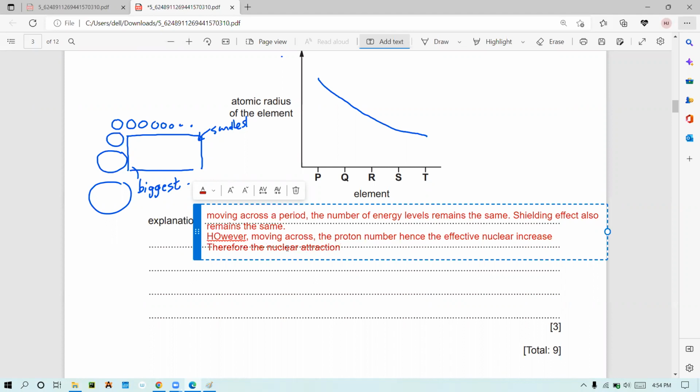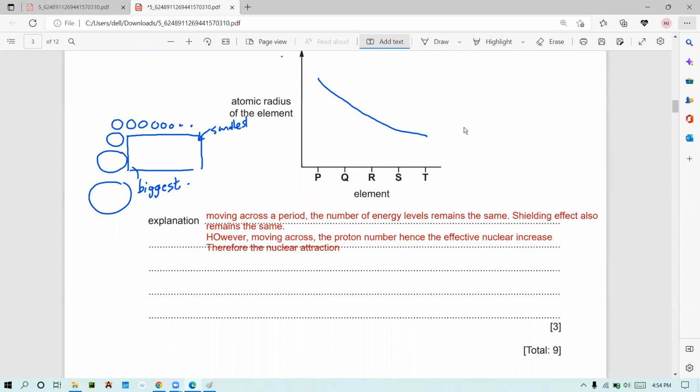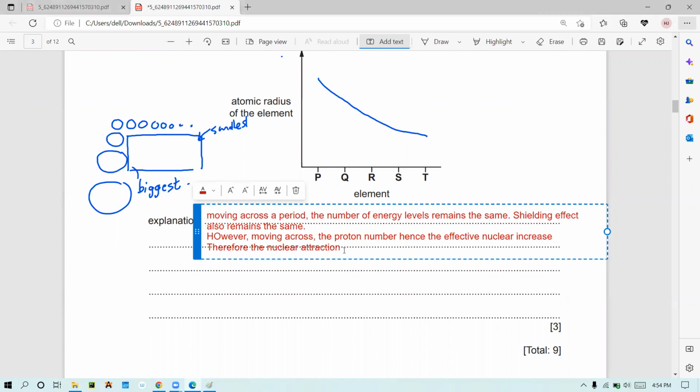Therefore, the nuclear attraction towards the outer electrons increases.